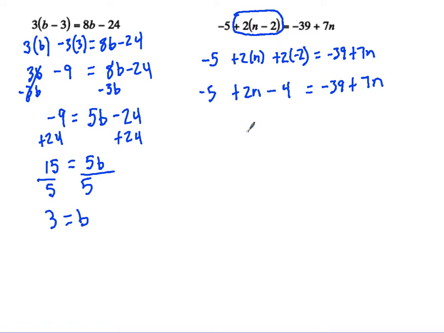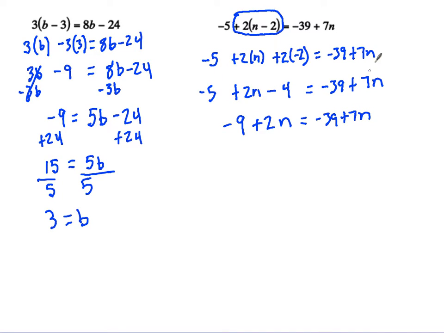Now I have to do one more thing before I can start solving. I have these two terms here on the left side that are like terms. So negative 5 and a minus 4. A minus 5 minus 4 would be minus 9. Negative 9 plus 2n equals negative 39 plus 7n.